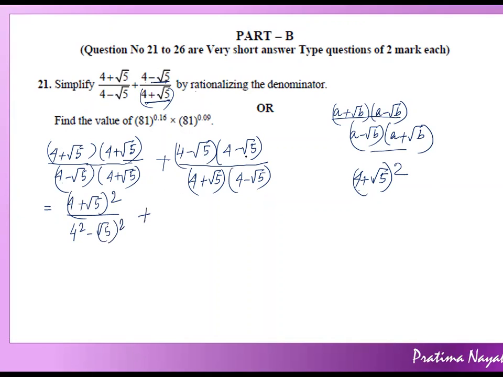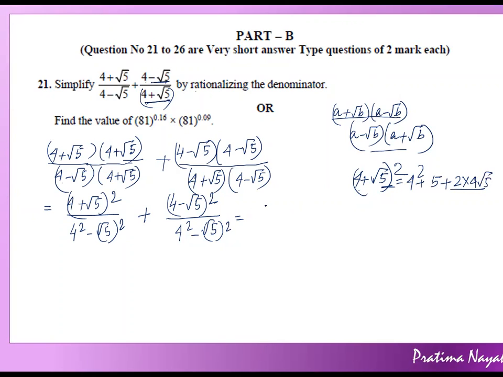Similarly, for the second one, this will be 4 minus root 5 whole square, because this is a minus b multiplied by a minus b, and here will be 4 square minus root 5 square. Now a plus b whole square is a square plus root 5 square, which is 5, plus 2 into 4 into root 5, which is 8 root 5.